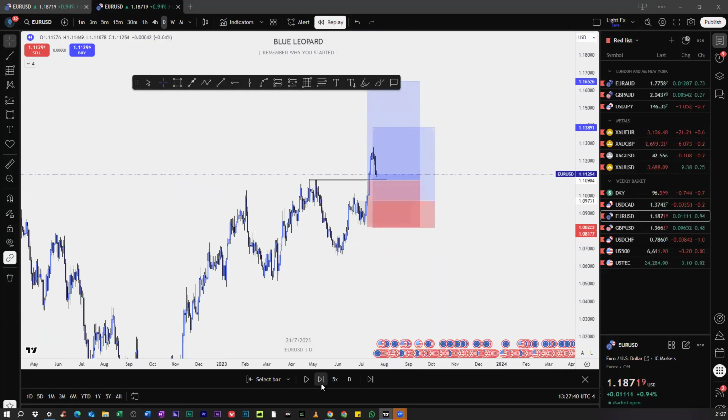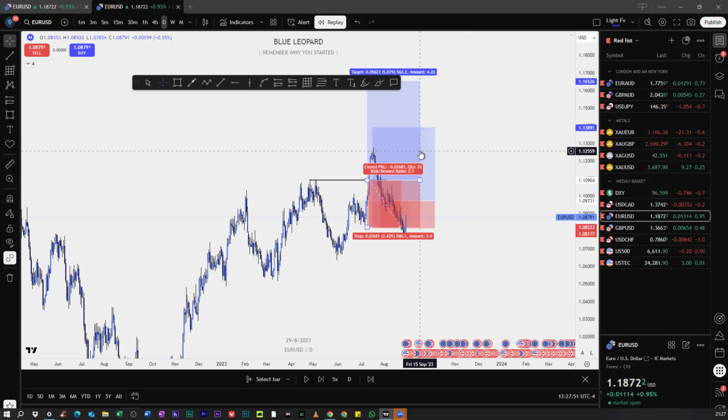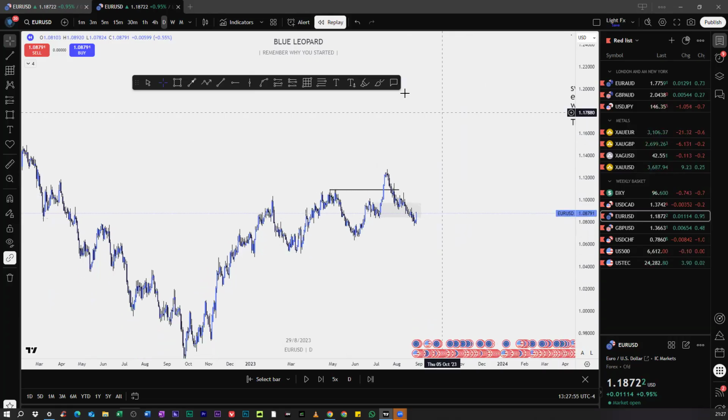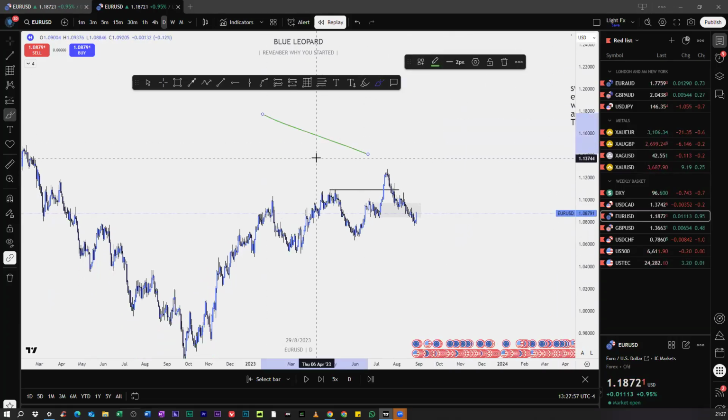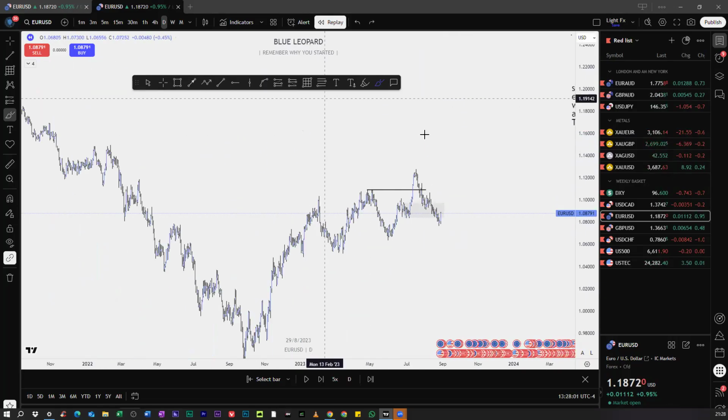And then price did what? Boom, stop loss. When you have something like this, if it aligns with the higher time frame direction, you have found yourself an inducement. An inducement is our friend.